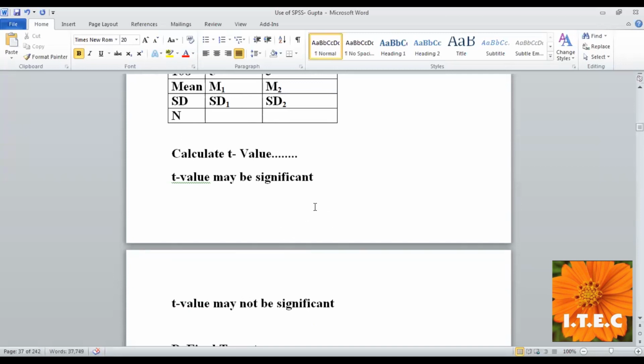If your t value is significant, it means that mean 1 and mean 2 differ significantly.